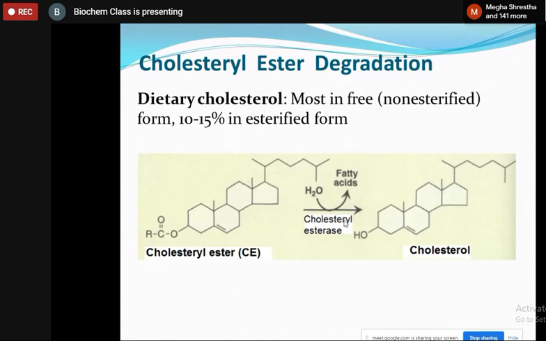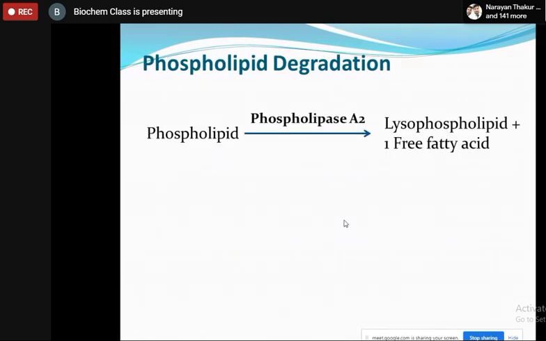As you have different lipids present in the diet, different enzymes are required. You need a different enzyme for triacylglycerol degradation and a different one for cholesterol ester degradation. You also have some amount of phospholipids present. Phospholipid is degraded by the enzyme phospholipase A2 and you get lysophospholipid and one free fatty acid, which can be absorbed by the body.